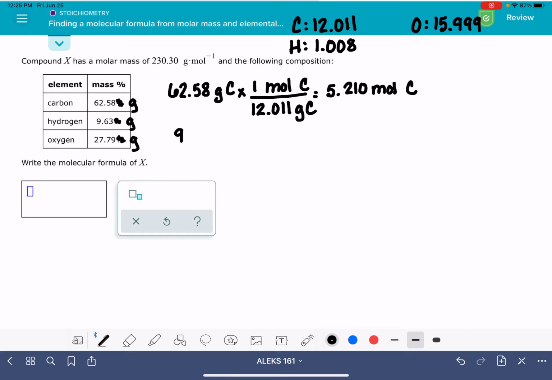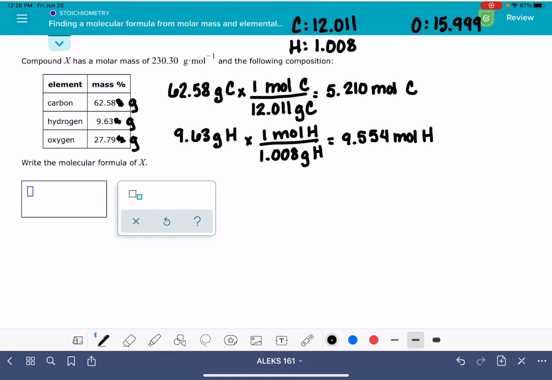We need to do this for every single one of the elements in this compound. So next up is going to be hydrogen, 9.63 grams of hydrogen, 1 mole of hydrogen. Atomic mass is 1.008 grams. And so that is going to be 9.63 divided by 1.008, which is 9.554 moles of hydrogen.